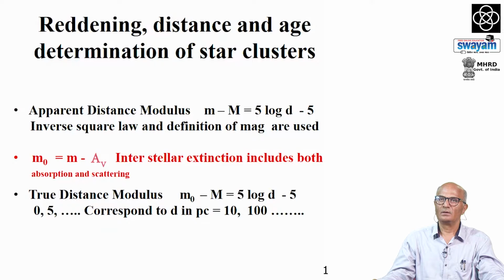And age determination has been used to test stellar evolutionary models, and in fact, it is because of this reason that star clusters are called the test bed for stellar evolution models.